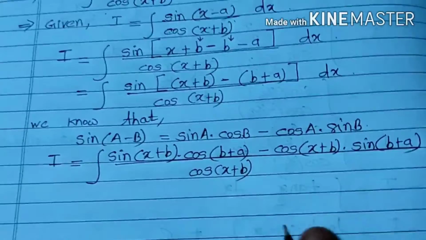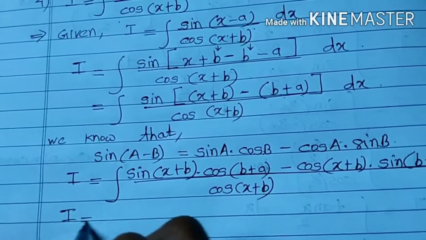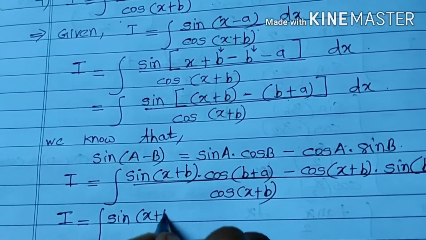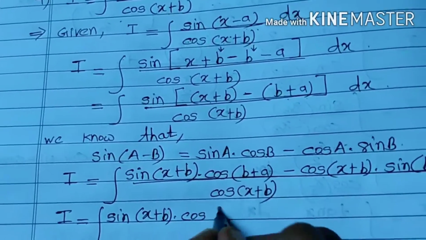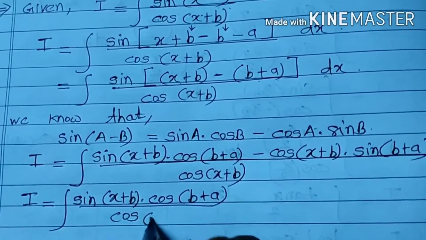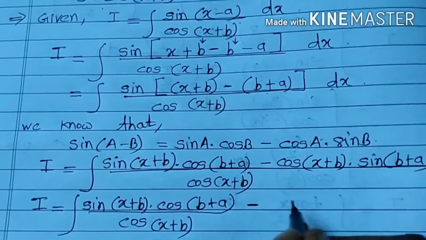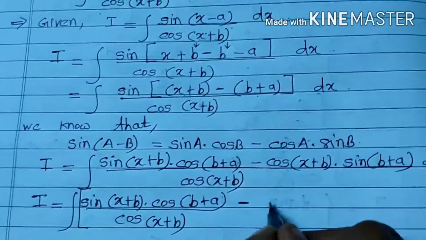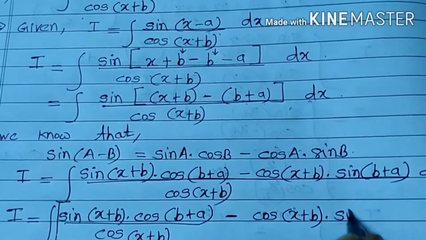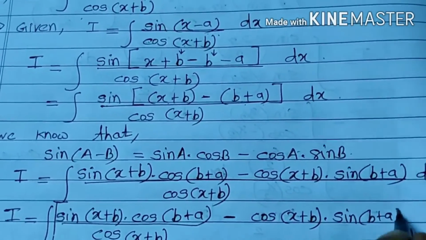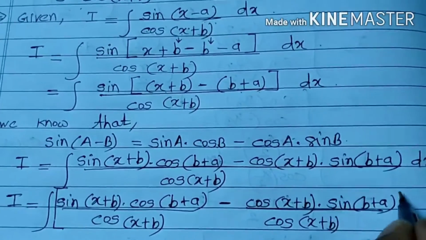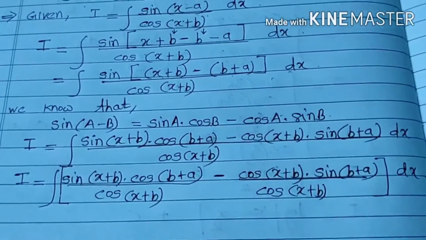Now separate this numerator, so we get sin(x plus b) into cos(b plus a) upon cos(x plus b) minus, here use cos(x plus b) into sin(b plus a) upon cos(x plus b), bracket complete, into dx.